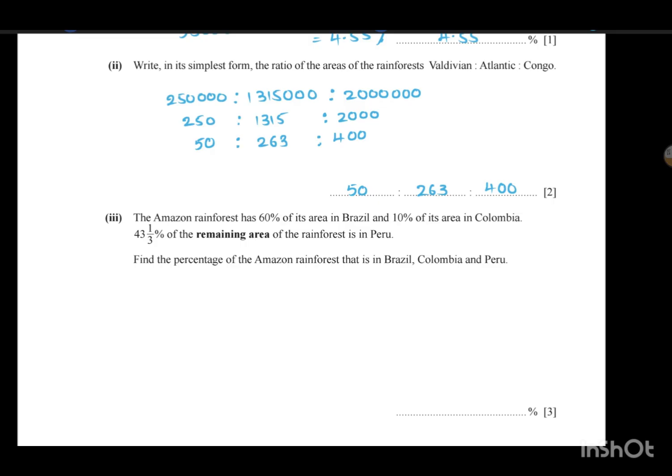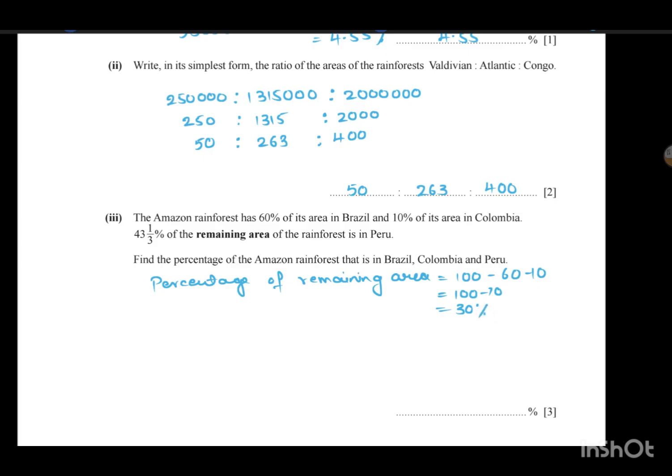From 100% we need to subtract the sum of these two. Okay, so let me write that percentage of remaining area is 100 minus 60 minus 10. So that will be 100 minus 70, that is 30.